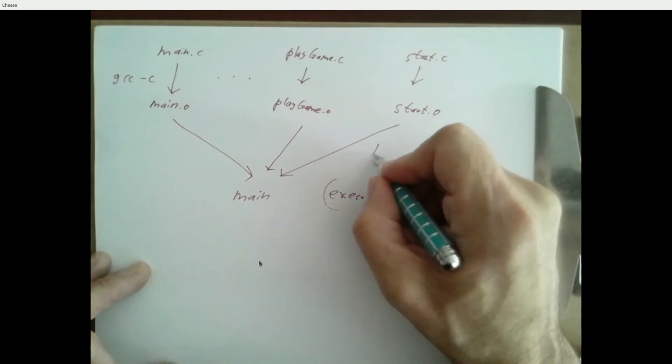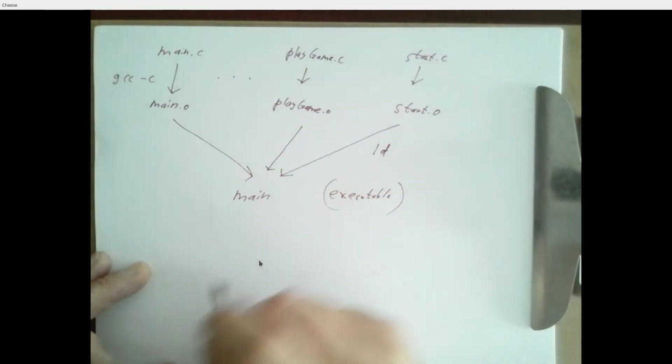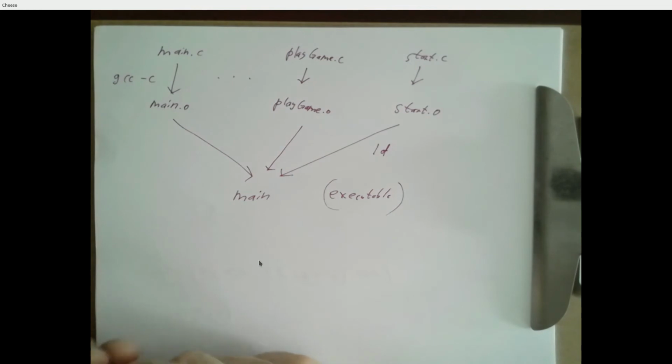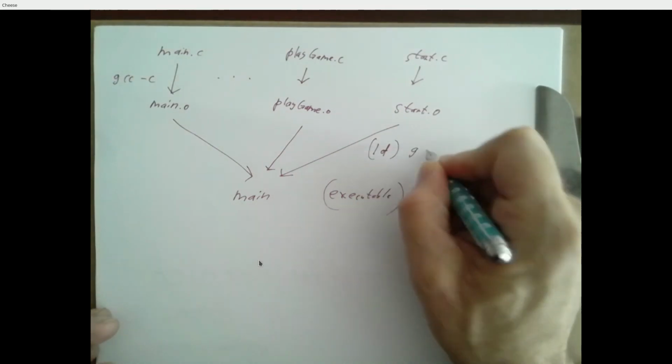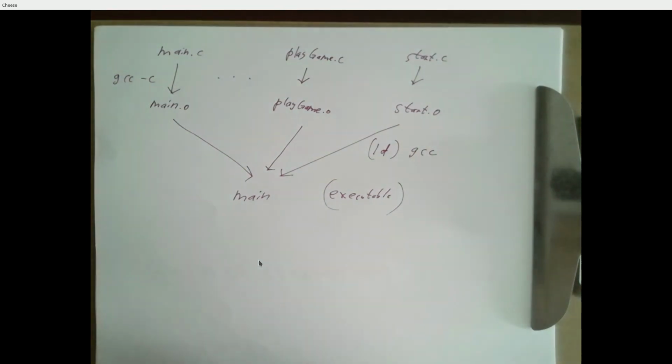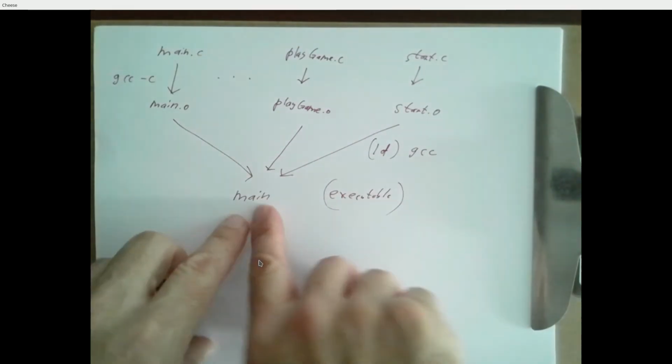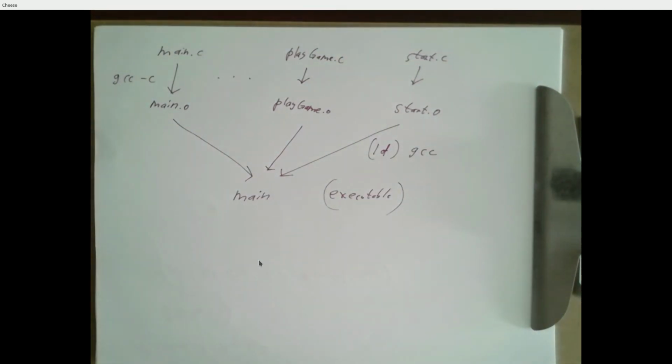And that's usually done with a command called ld, which is a loader. But we can actually do it with GCC as well. And if you feed GCC a bunch of .o files, it knows I don't have to compile those, they're already compiled. It will just go ahead and link them together to make an executable. So here's how we could do this, right?